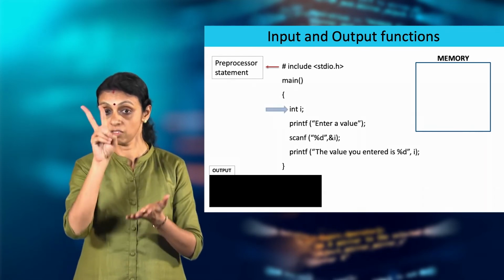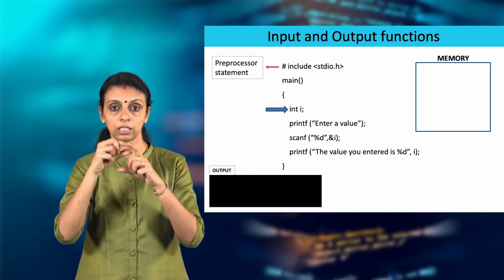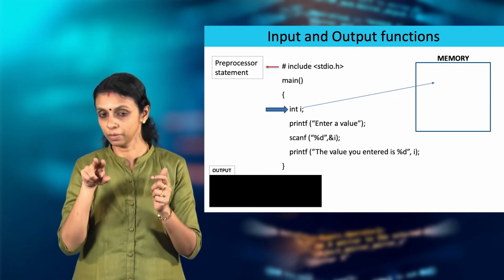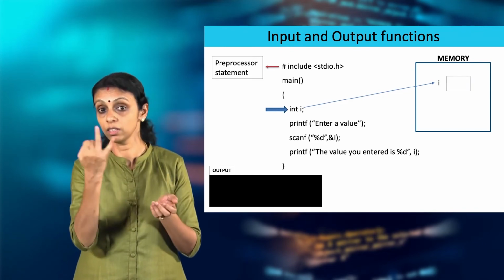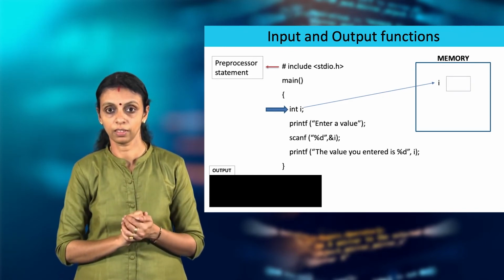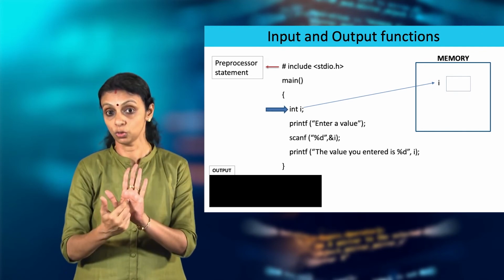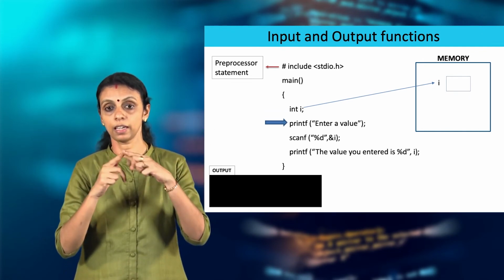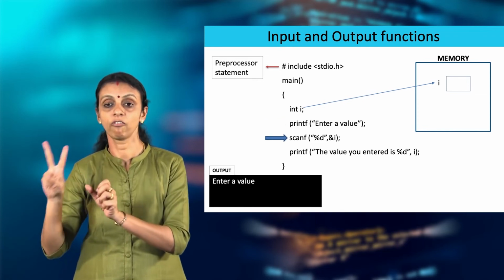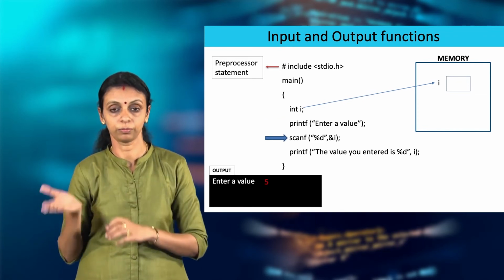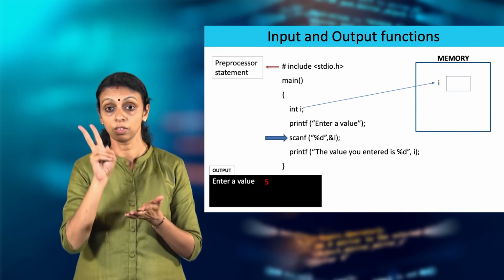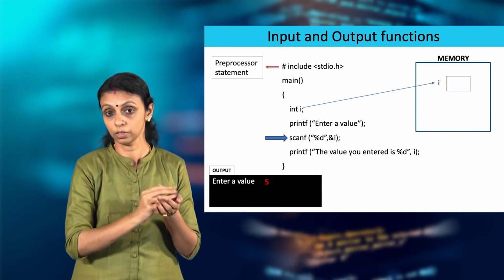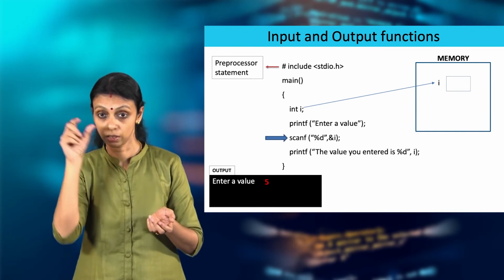I is a variable of data type integer, which means I can store integer values only. This prints the text, enter a value, on the screen. This stores the value entered by the user in the variable I.